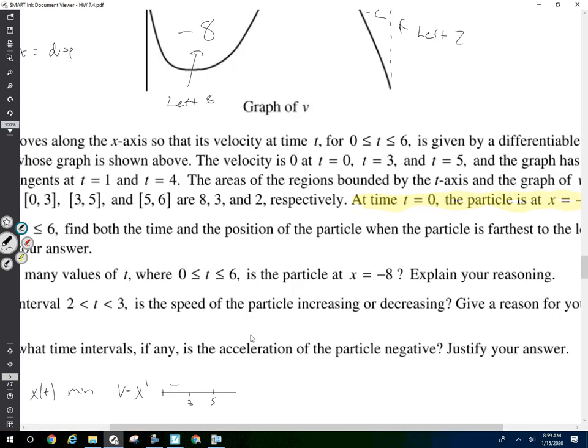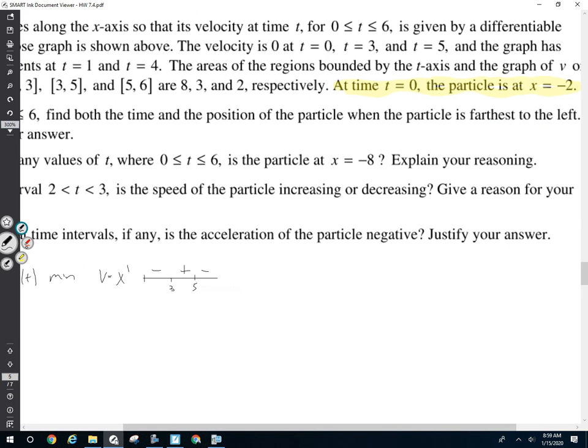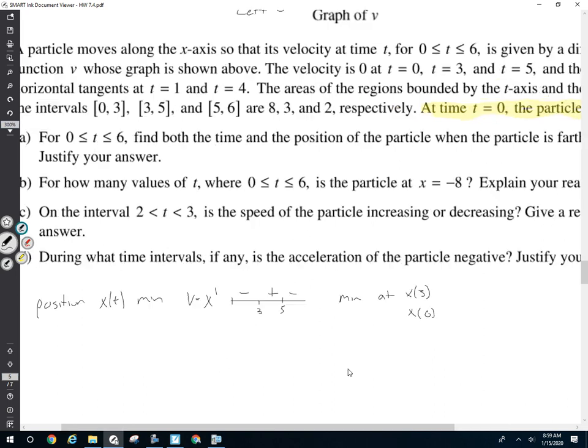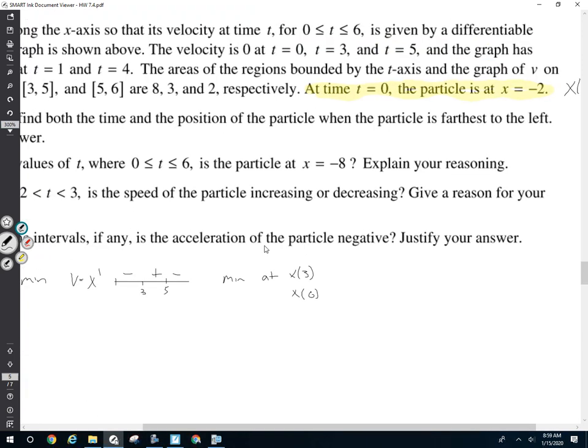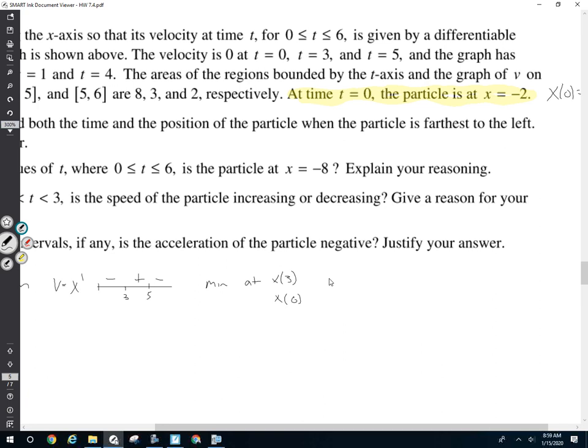Zero through 5, really. And it's negatives, positives, negatives. You're going to say your minimum position is either at x of 3 or x of 6, because velocity is negative right before 3, and 6.